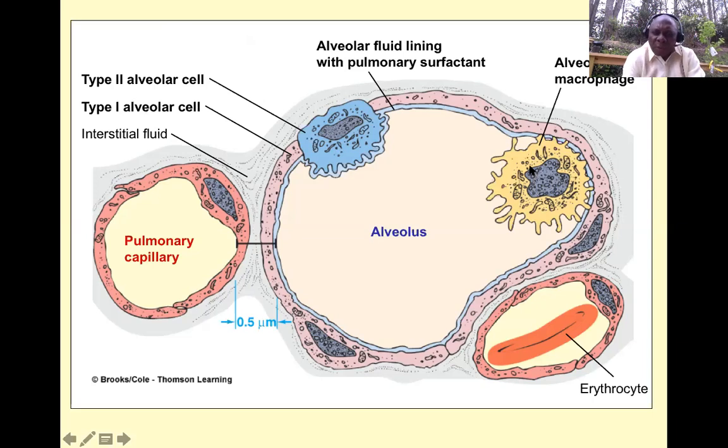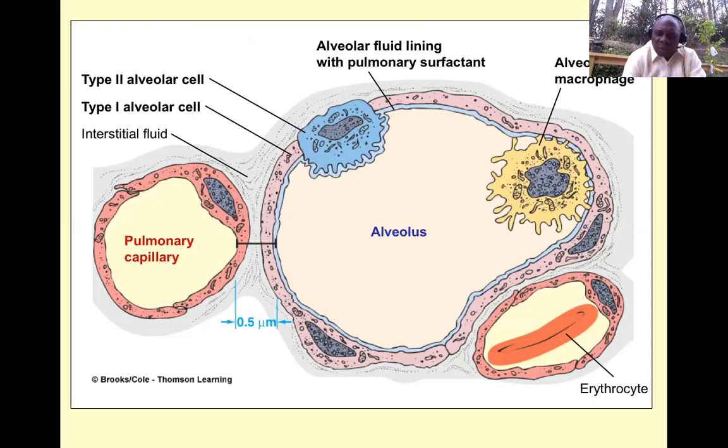What about the macrophage? Macrophage is like a sentinel. Remember that the alveolus interacts directly with the outside, with the environment. So think of the alveolus as a border control.